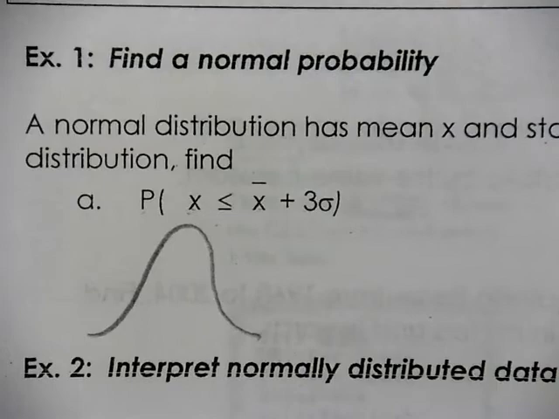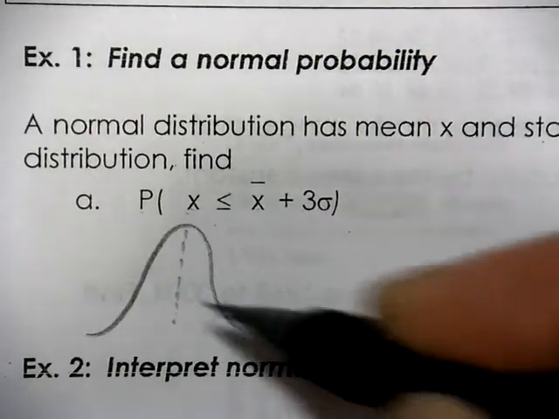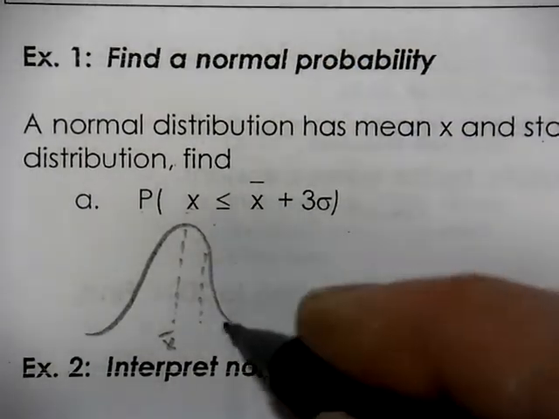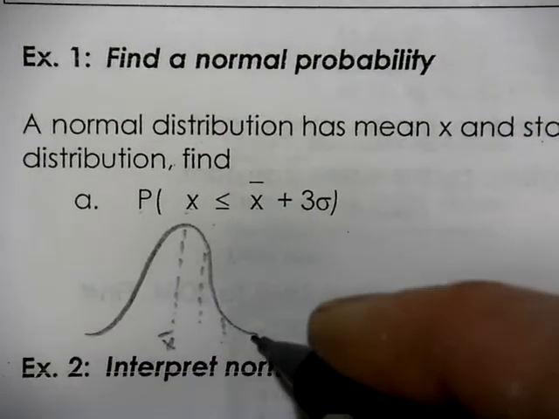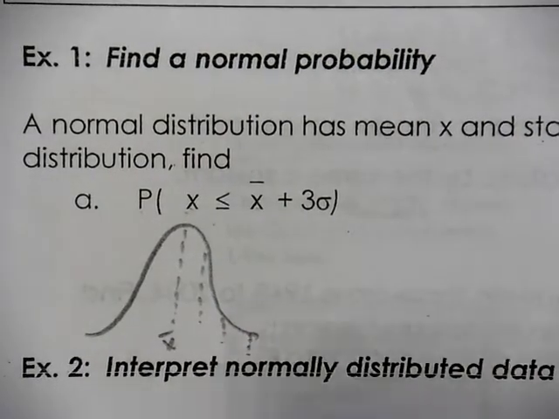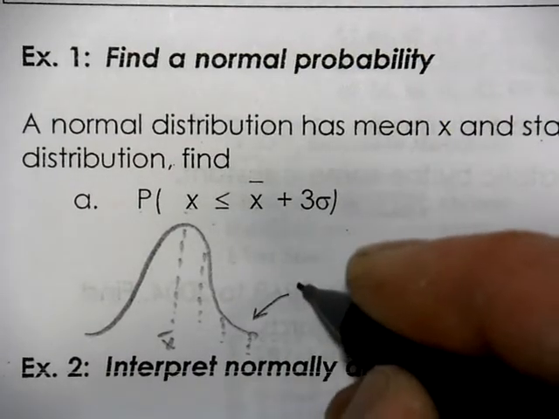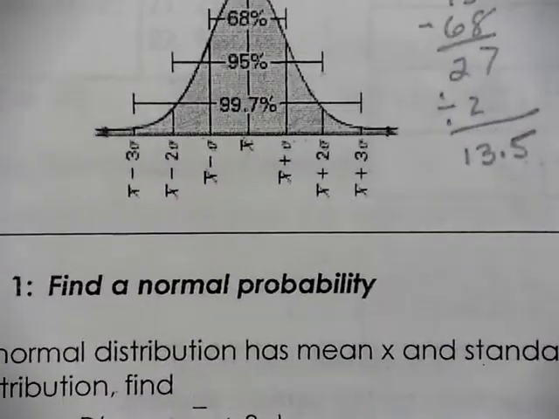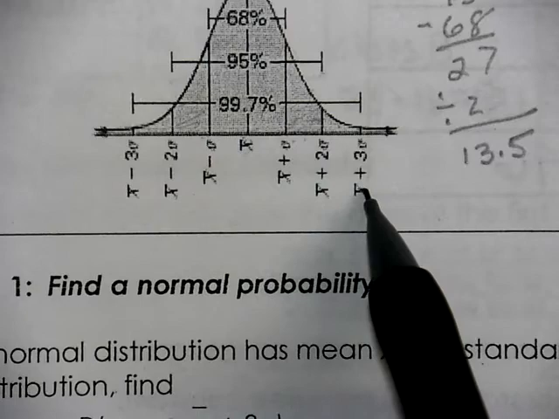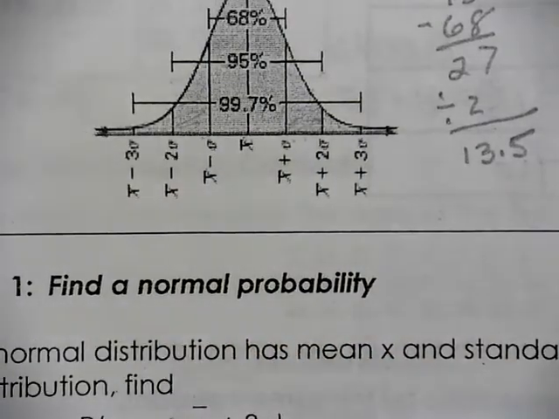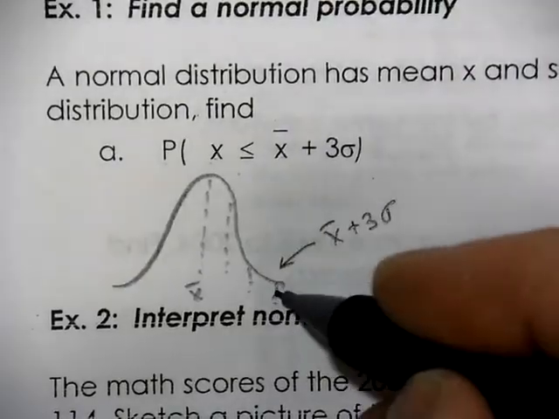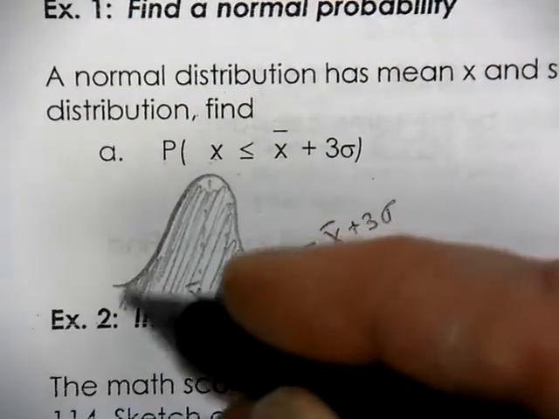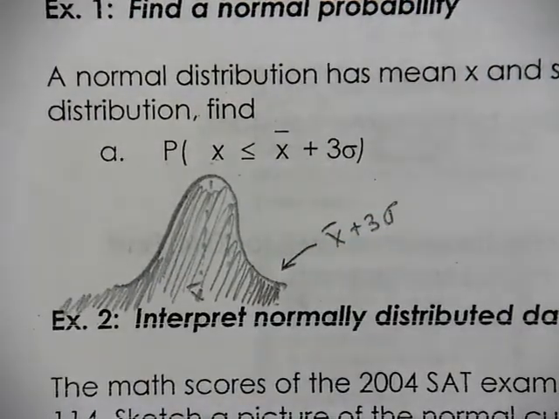Well, if you take a look at your bell curve, this is your average, this is 1 standard deviation above, this is 2 standard deviations above, this is 3 standard deviations above. Just like it was illustrated here in the graph, 3 standard deviations above. We're looking at all the data to the left of that. So we want to know what's the probability that you're going to pick a value inside there.